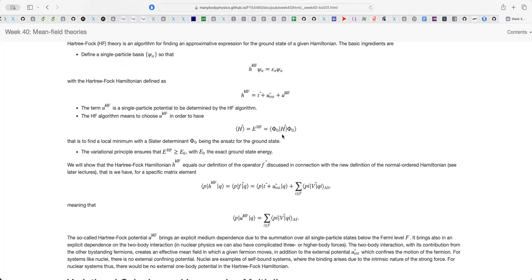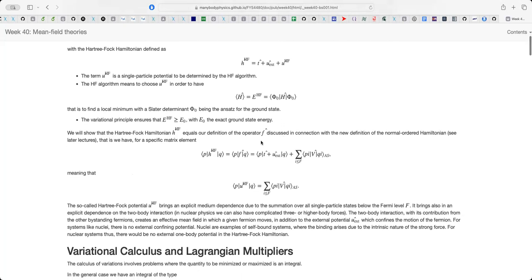So we are going to use the variational principle, and you will see that the theory of variations is used in these calculations, like we did with the full configuration interaction theory. We also use it to set up the optimization of the given Hamiltonian. So this potential is something which we will end up calling the Hartree-Fock potential.